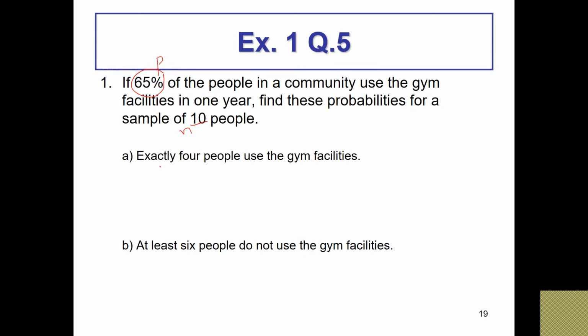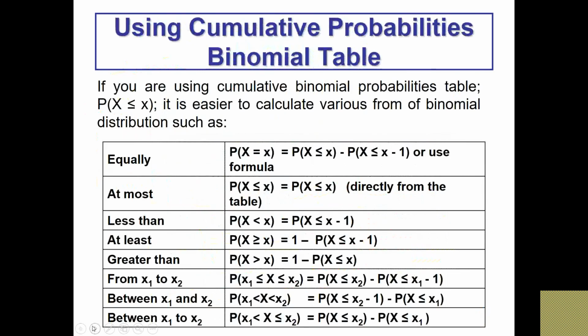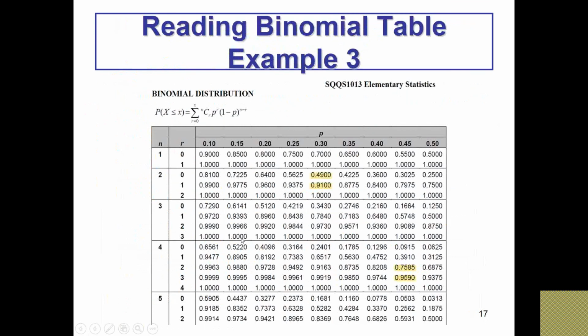You want to find exactly 4 people who use the gym, and then at least 6 people who do not use the gym facilities. So bear in mind, in your binomial table, you have the P value only until 0.5.